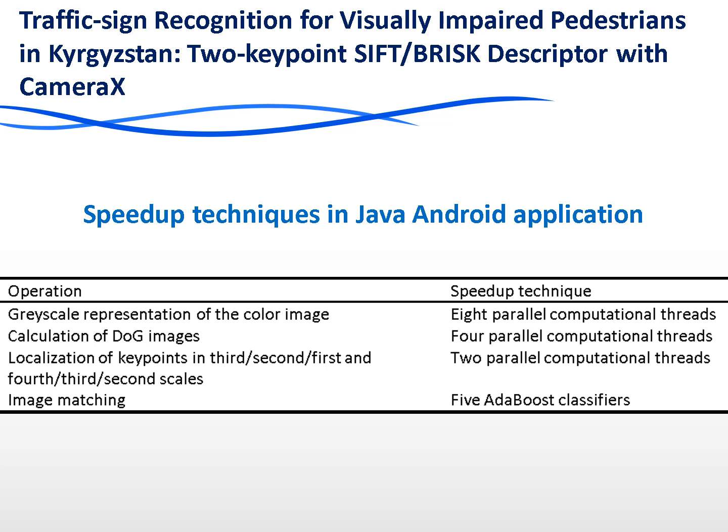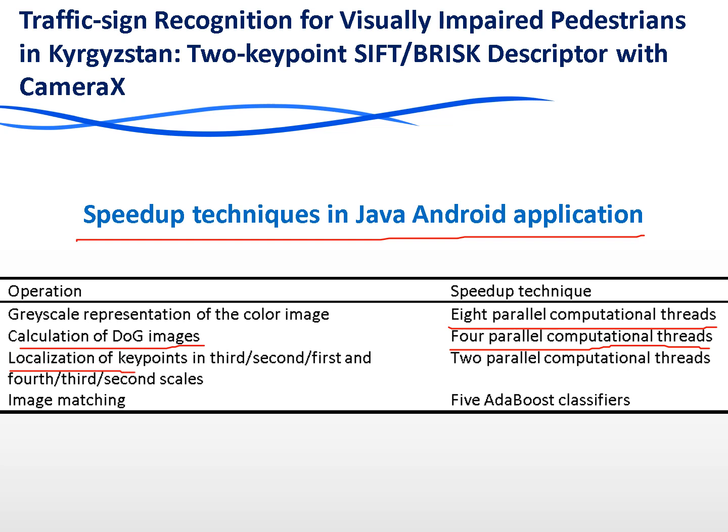We could achieve low execution time on Android smartphones based on the speed-up techniques in our Java Android application. So if we're talking about grayscale representation of the color image, here we use 8 parallel computational threads to speed up this conversion. And if we're talking about calculation of difference of Gaussian images, we need to use 4 parallel computational threads.